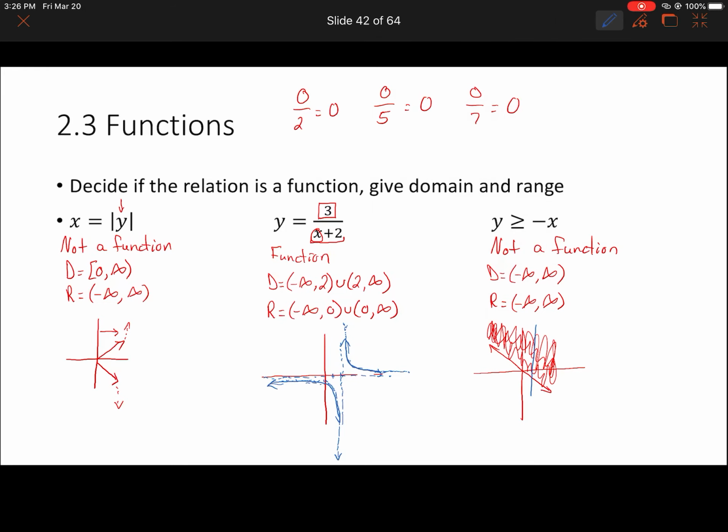And so when you start thinking about the vertical line test, if you draw a vertical line through that graph, you're touching a whole bunch of points at the same time. And so because of that, that x value is repeated. It's not a function. And so that maybe makes some sense for some of you.